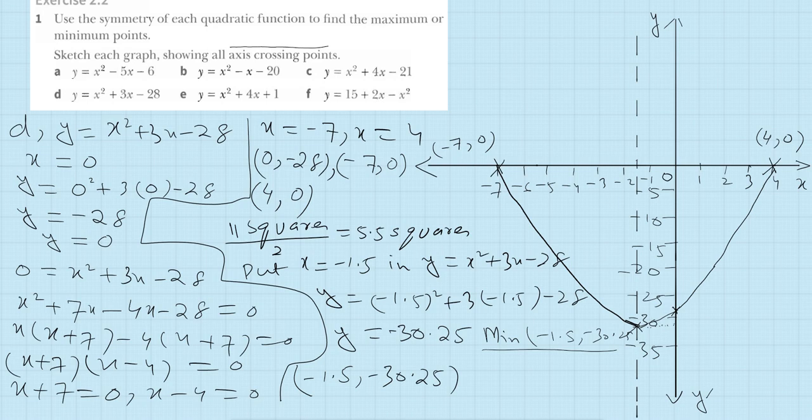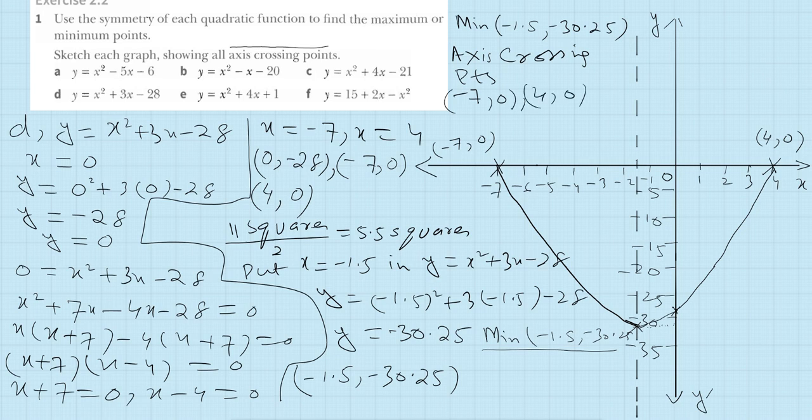Now write all the answers. Minimum point occurs at minus 1.5 and minus 30.25, and axis crossing points are minus 7, 0, 4, 0, and 0, minus 28.